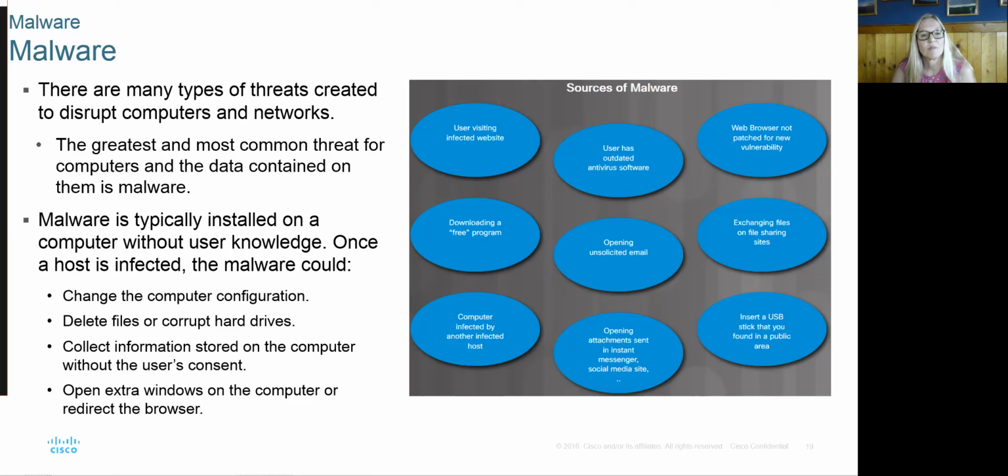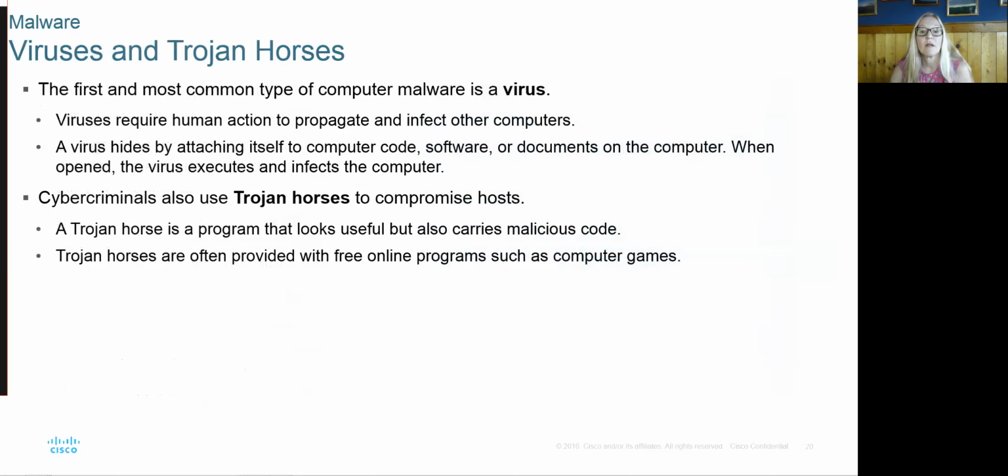Thanks, please. There's lots of things that malware can do to disrupt your environment. Most viruses really need some sort of human intervention to get the virus started and running on a specific computer. Some viruses will run behind the scenes, like spyware.